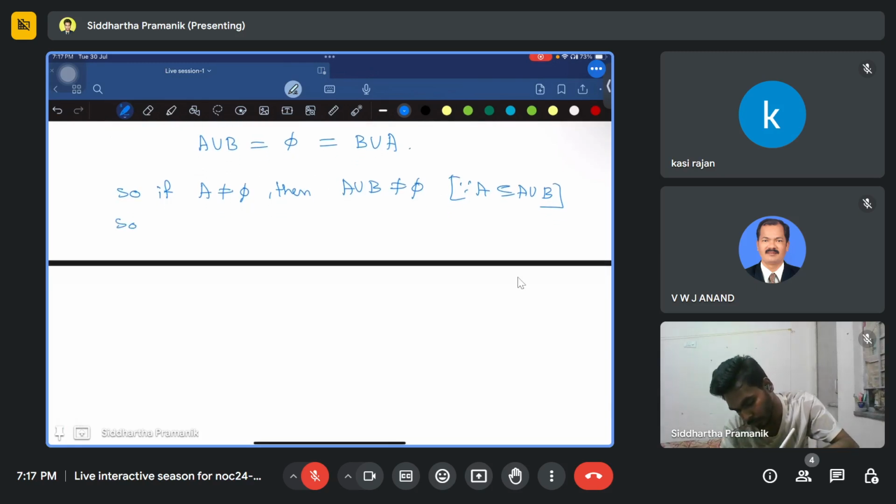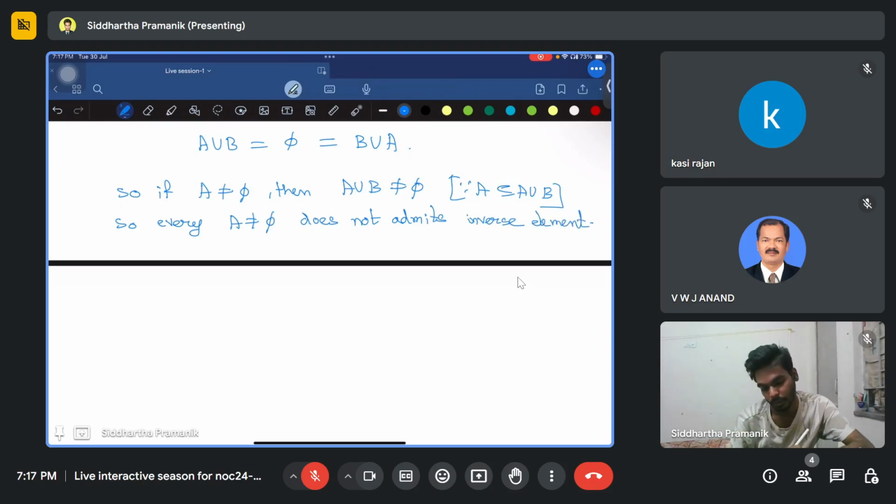So every A which is not the empty set does not admit an inverse element. Immediately we can conclude the set G does not form a group.